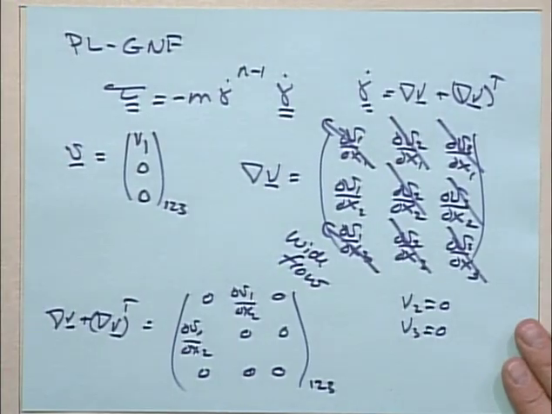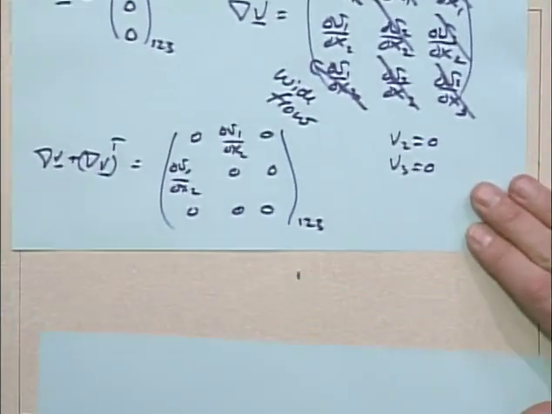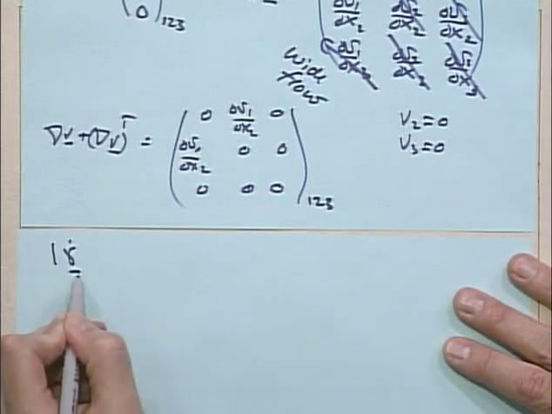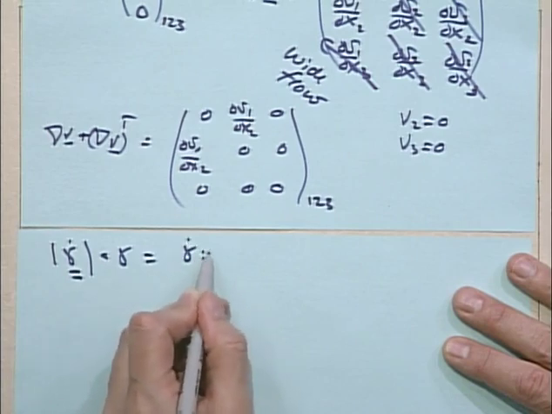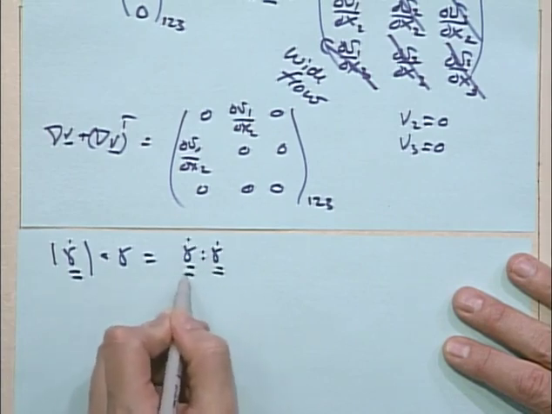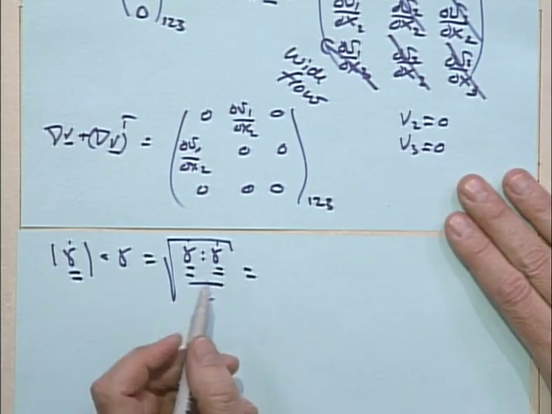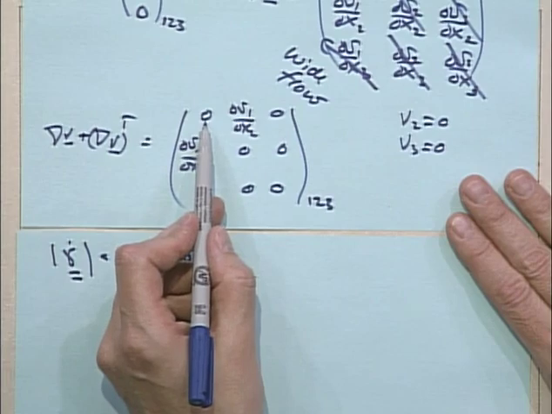And then, because of the non-Newtonian flow, we have to deal with the constitutive equation. So now we've got gamma dot. We need the magnitude of gamma dot. So we need gamma dot double dot gamma dot over 2, quantity square root, which is each element multiplied by its mirror image across the diagonal.